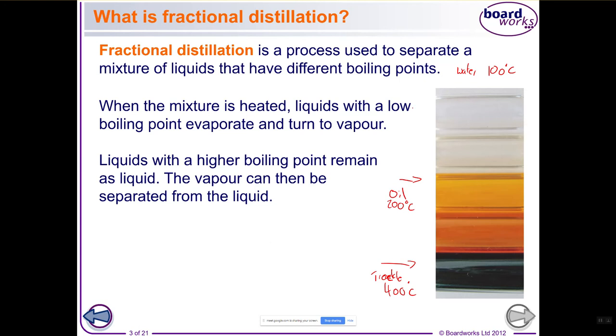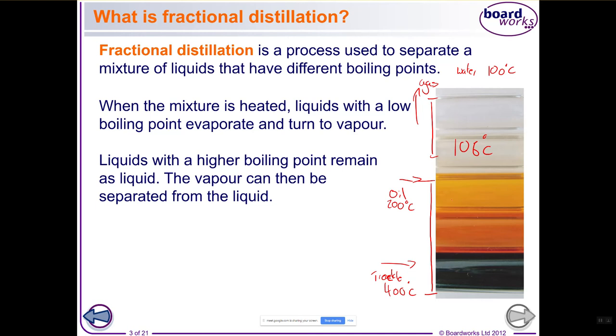So if I was to heat the whole solution to, let's say, 106 degrees centigrade, the top section here would boil off as a gas, leaving behind the bottom sections. It would all be left behind. So that way I've managed to separate my water from my oil and my treacle, haven't I?